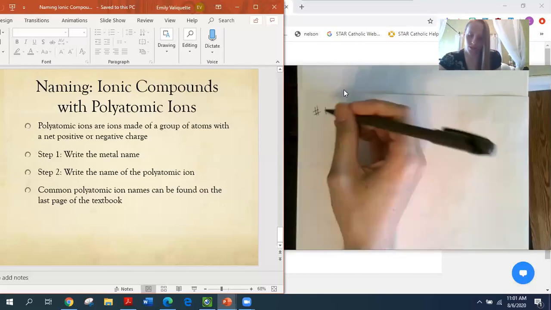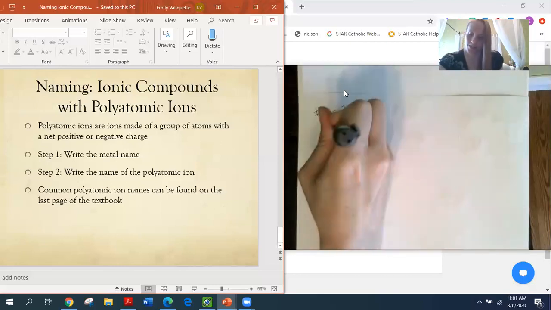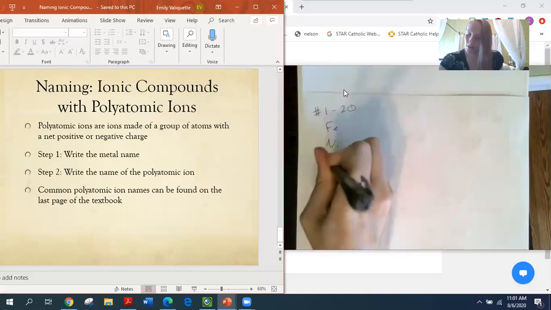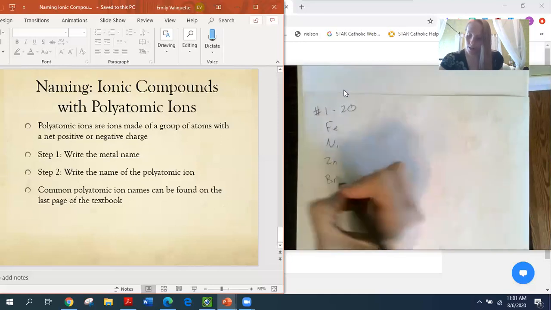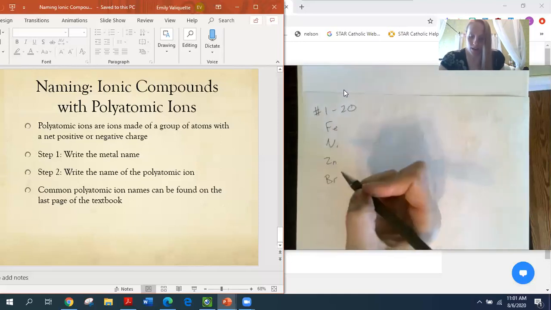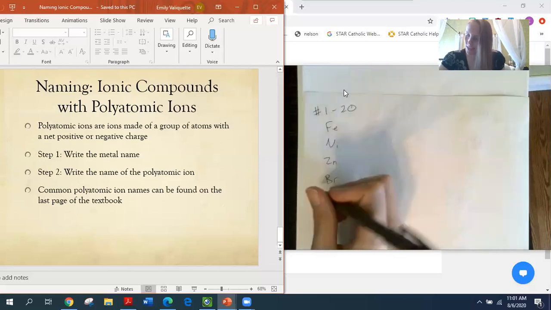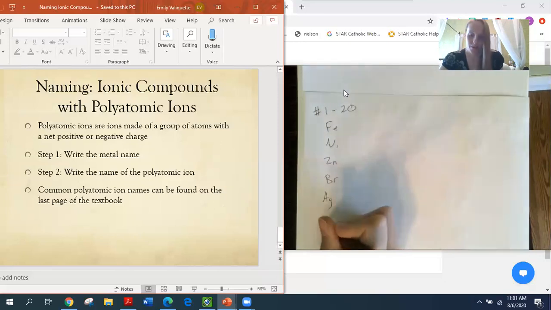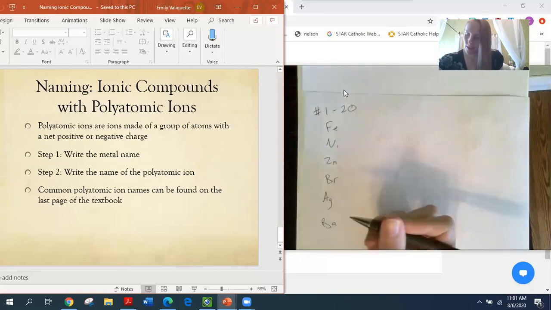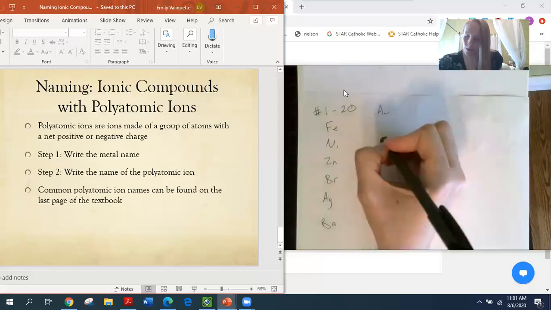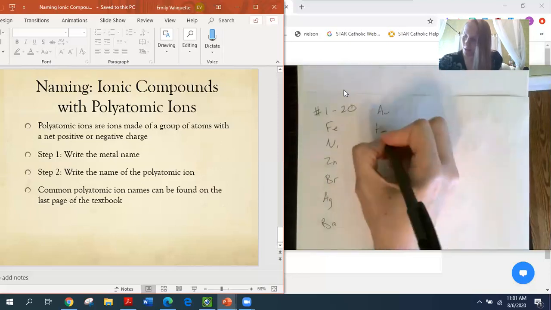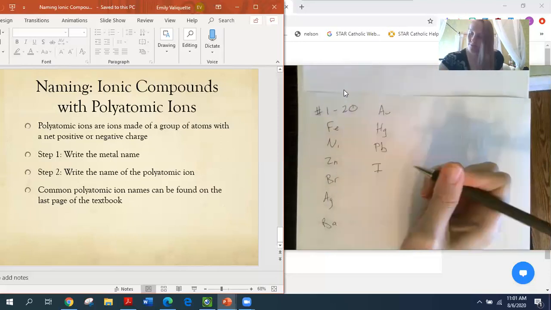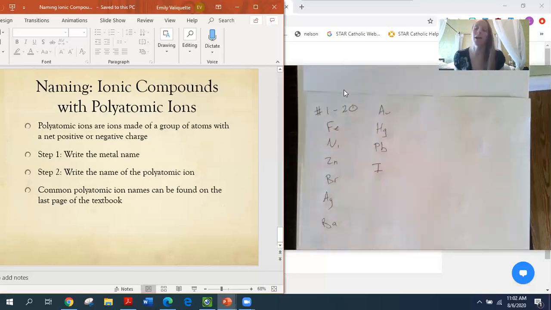You also need to know iron, which is Fe, nickel, which is Ni, zinc, which is Zn, bromine, which is Br, Ag, which is silver, Ba, which is barium, Au, which is gold, Hg is mercury, Pb is lead, I is iodine, and yeah, that's it.